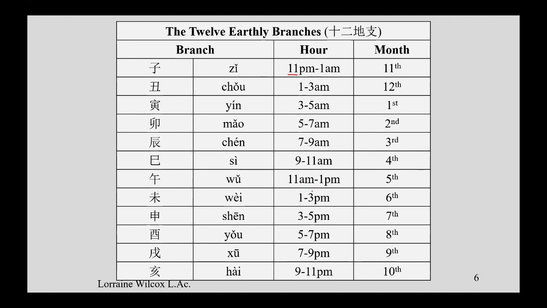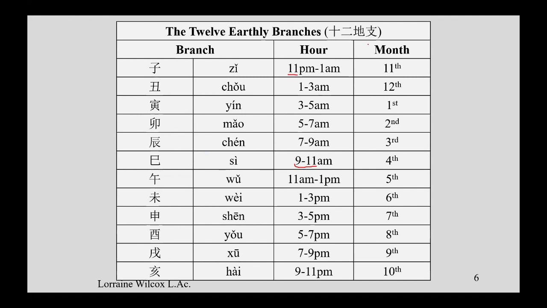The Wu hour is 11 a.m. to 1 p.m. And so each of these 2 hour periods is associated with one of the branches. And in ancient China, you would say, okay, I'll meet you at the Si hour, which would mean I'll meet you sometime between 9 and 11 a.m.